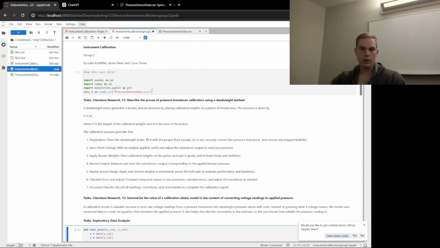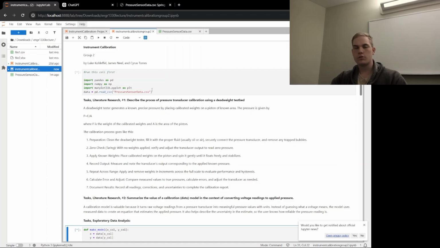One, we prepare by cleaning the apparatus and then filling with proper fluid and getting all that prepared. Two, we do the zero check, where we tare the weights and make sure it all reads out as zero. Three, apply the known weights onto the piston and spin it gently until it floats freely and stabilizes. Four, we record the output and note the transducer's output corresponding to the applied known pressure.